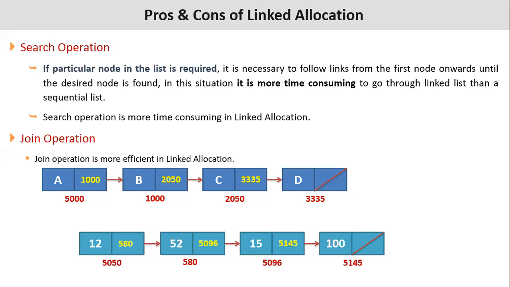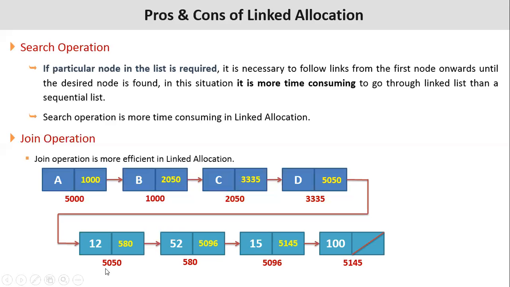So first remove the null value from the D node, and it is going to store the address of node 12. That address is equal to 5050. So here we are storing the address 5050 in the D node, and we join the D link with 12. That is called the join operation of two linked lists.